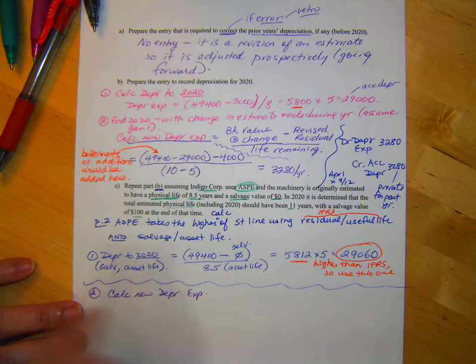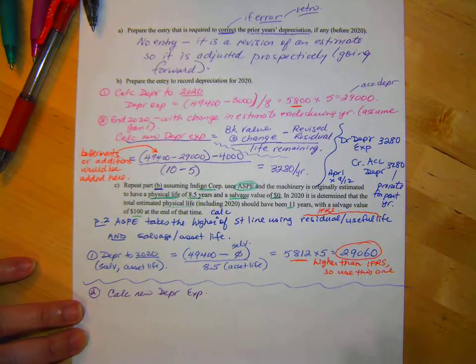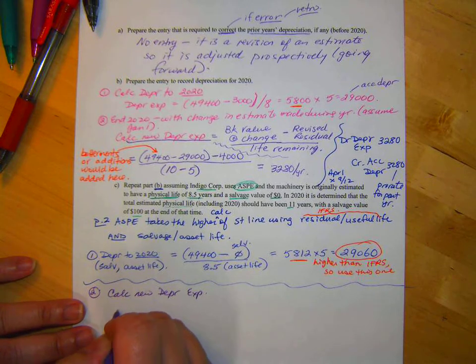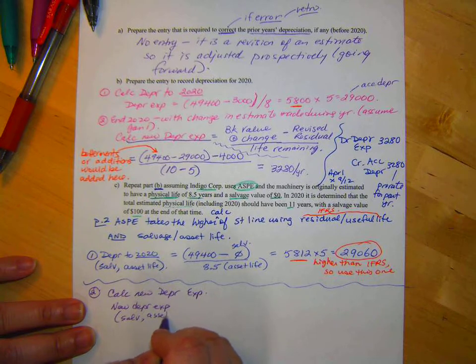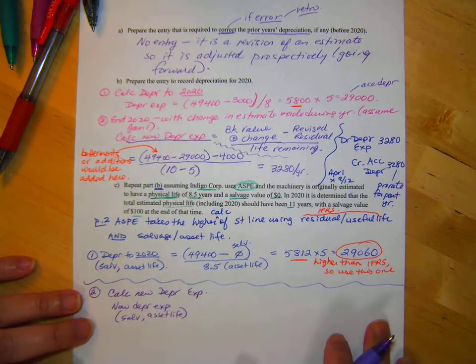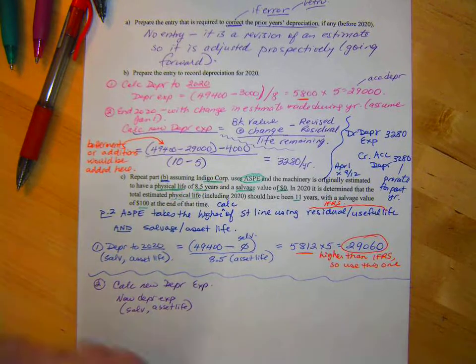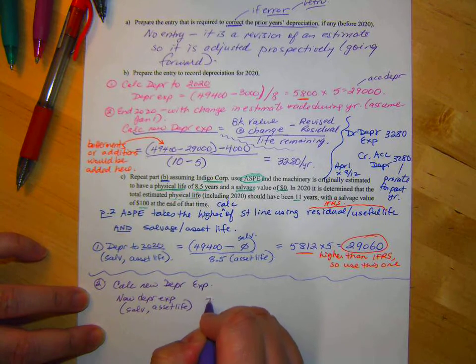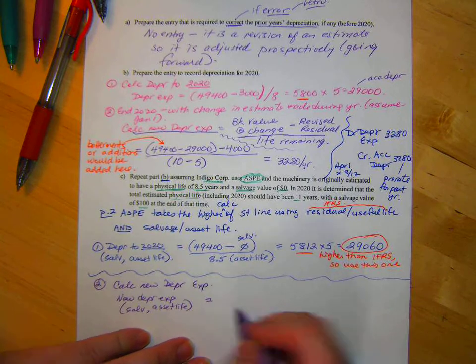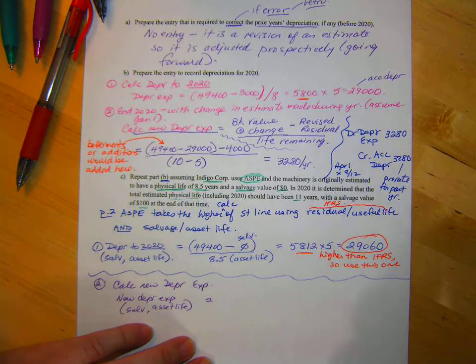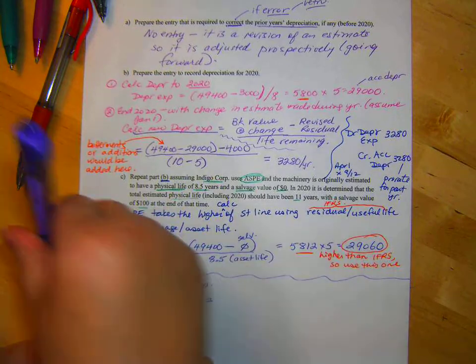So we're going to calculate the new depreciation expense. We're going to use salvage and asset life, or total life, or physical life, any of those words. And let's do that. So we're following the same formula. I don't think I'll have room to write it all down, so just remember, it's the same formula down here.